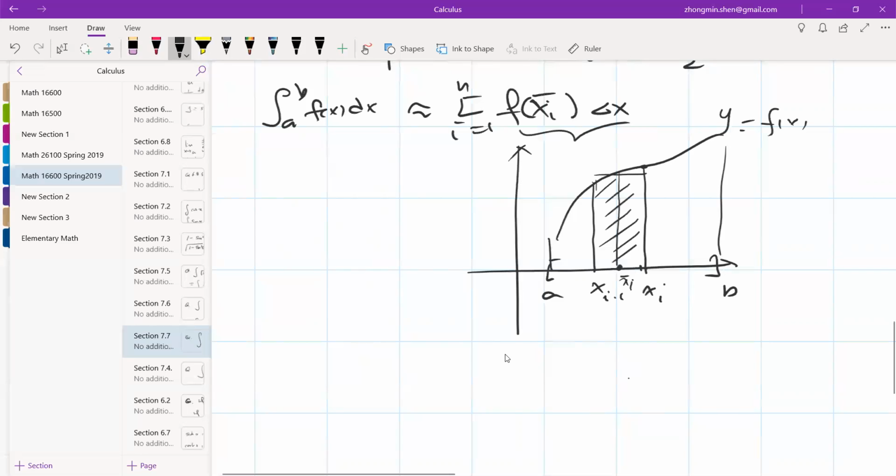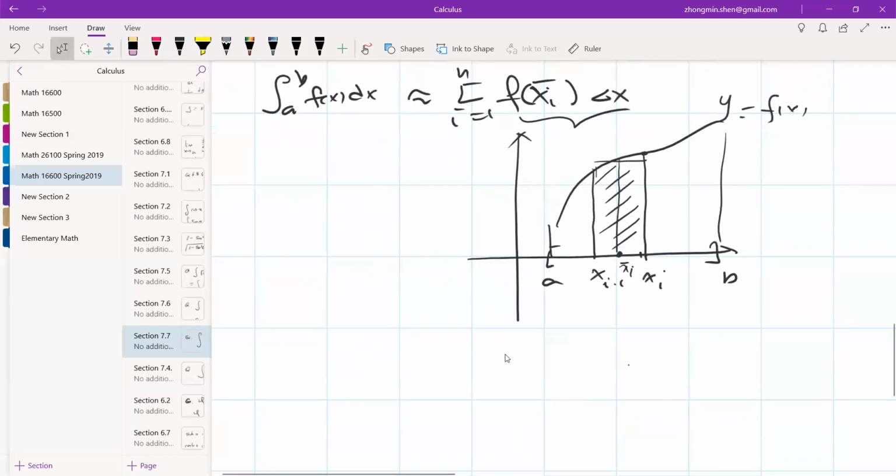So let's do something different. The sum of the areas of these rectangles can give you a very good approximation of the area of the region. This is what it says about the above identity. We use a midpoint, and the midpoint gives you a better estimate.